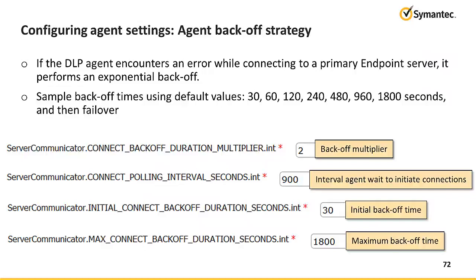After attempting to connect to a second endpoint server, the agent will attempt to connect to a third endpoint server if available. During back-off, if there is a change in network connectivity so that the connection is either restored or a new network is available, the agent immediately tries to connect to the primary endpoint server and begins the back-off strategy again.